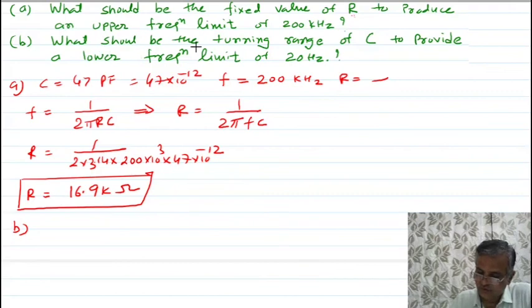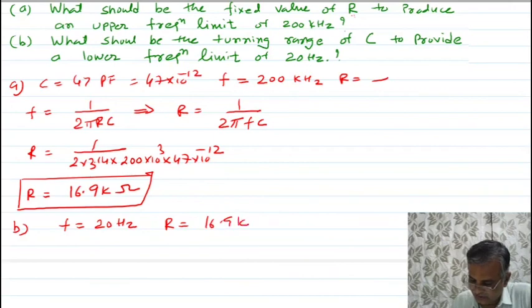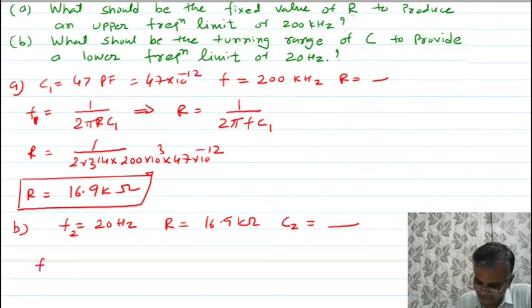B. What should be the tuning range of C to provide a lower frequency limit of 20 Hz? If you want to produce 20 Hz with R fixed, what is the value of the capacitance? This is your C1. Let me write C1. So this is your frequency F1 and this is F2, it does not matter. For F2 you can write 1 upon 2 pi R into C2.